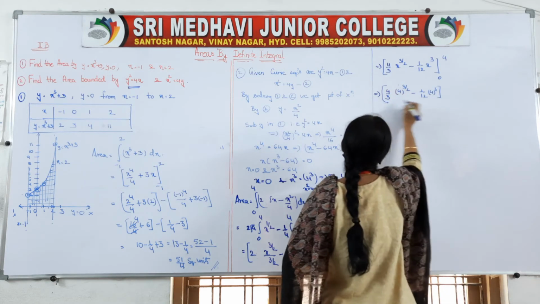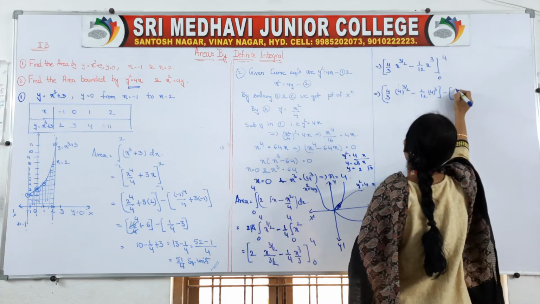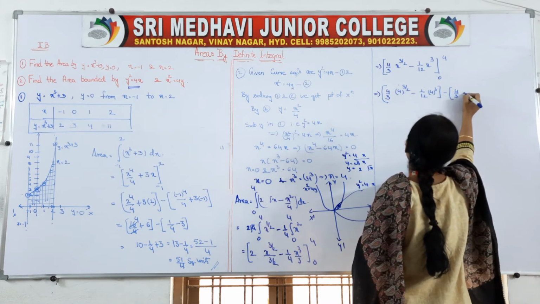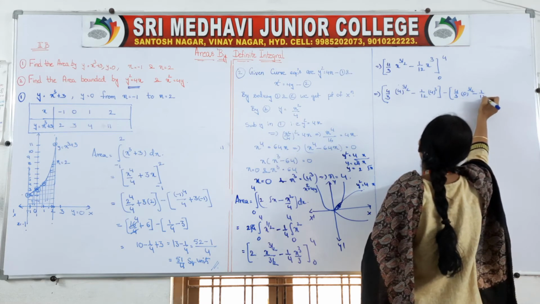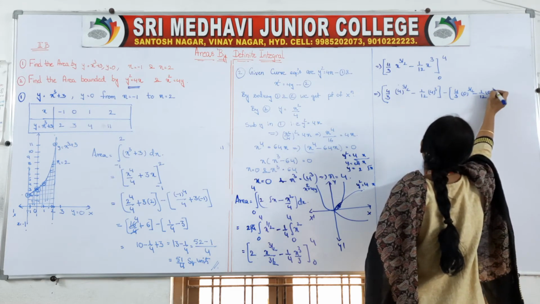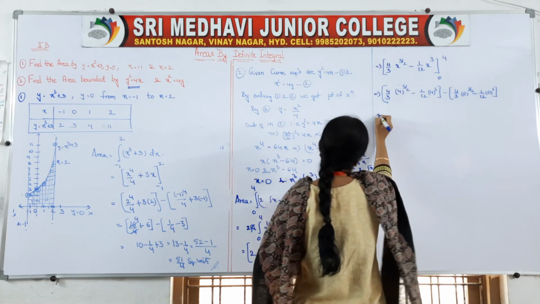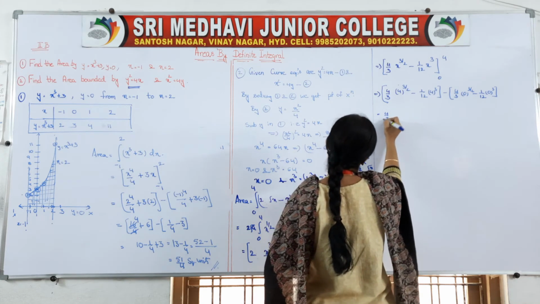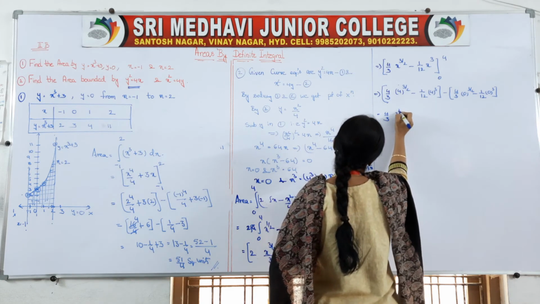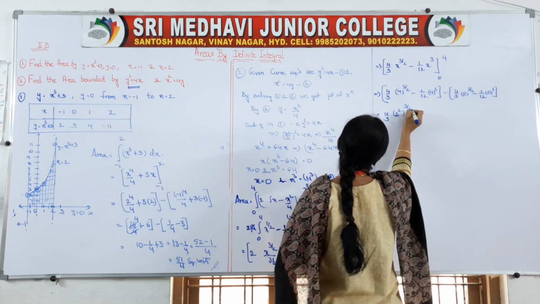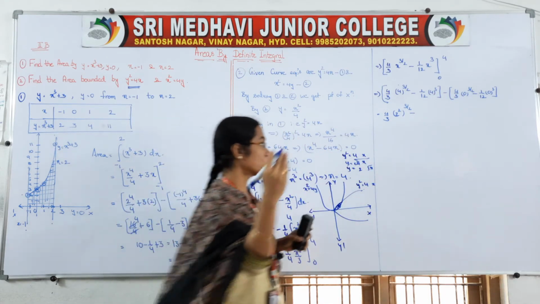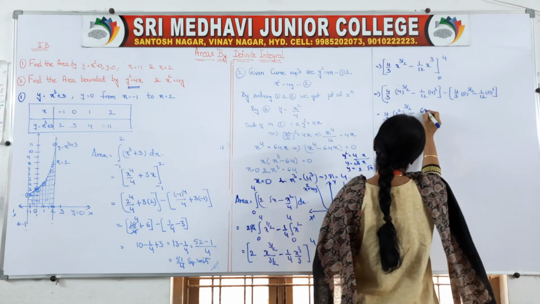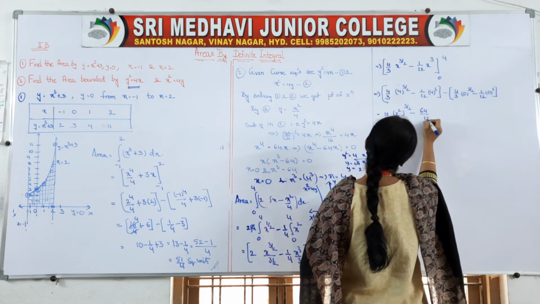This is upper limit minus lower limit: 4 by 3, 0 to the power of 3 by 2, minus 1 by 12, 0 whole cube. So 4 by 3, 4 can be written as 2 square, to the power of 3 by 2, minus 4 fours are 16, 16 fours are 64, so 64 by 12.